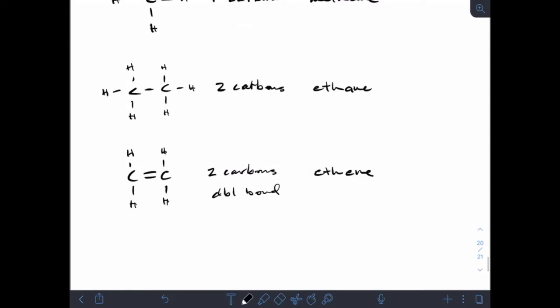Sometimes that's referred to as ethylene. Okay, so count the number of carbons, determine what kind of bonding you have, prefix and suffix.